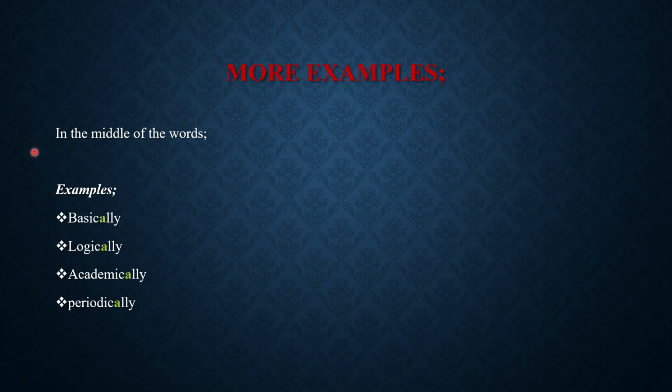We also have silent A appearing in the middle of some words. When this happens, that means that letter A that is appearing in the middle of the word is not going to be pronounced for the word to have the correct pronunciation.